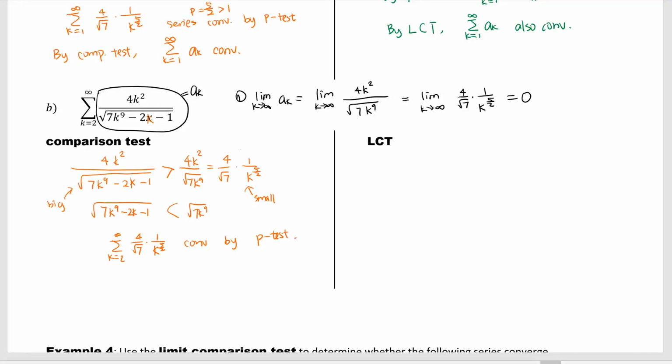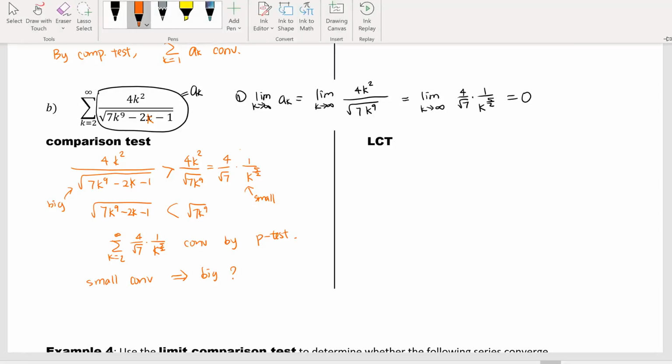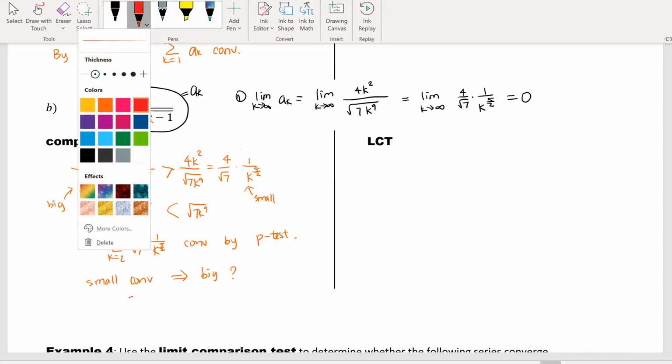But if the small guy converges, can you talk about the big guy? No, we have no conclusion. The big guy can converge or diverge. We have no conclusion. So actually the comparison test here, we fail.